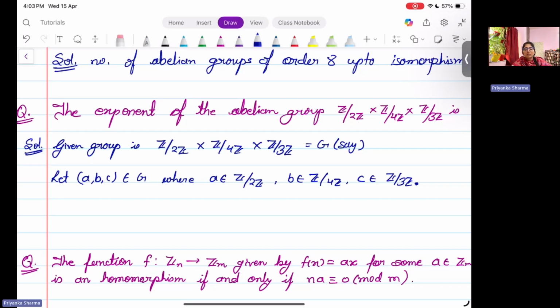Here, all the three groups, that is Z mod 2Z, Z mod 3Z, and Z mod 4Z, are cyclic groups.